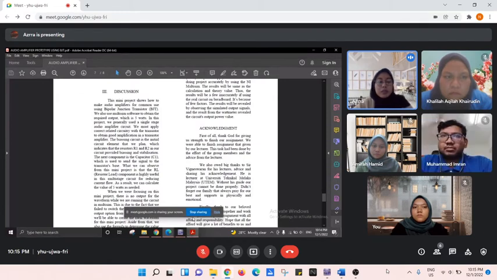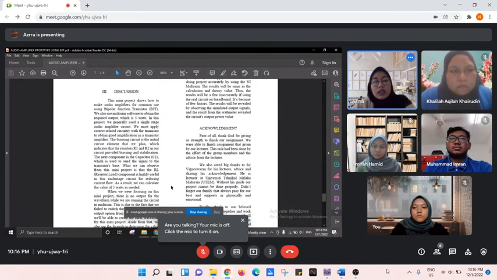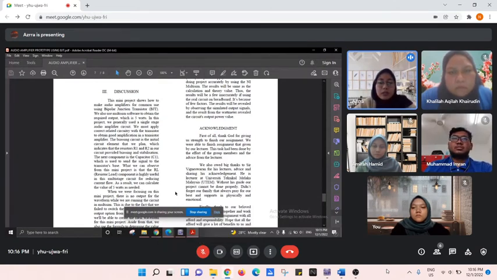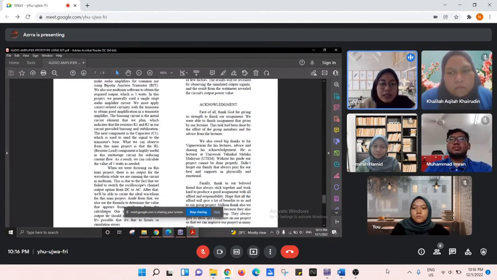Next, I will present our discussion for our mini project. First, this mini project shows how to make an audio amplifier for common use using a BJT. We also use Multisim software to get 5 watt, and in this project we use a single stage audio amplifier circuit. What we can observe from this mini project is that RL, the resistor load component, is highly useful in this circuit for reducing current flow.